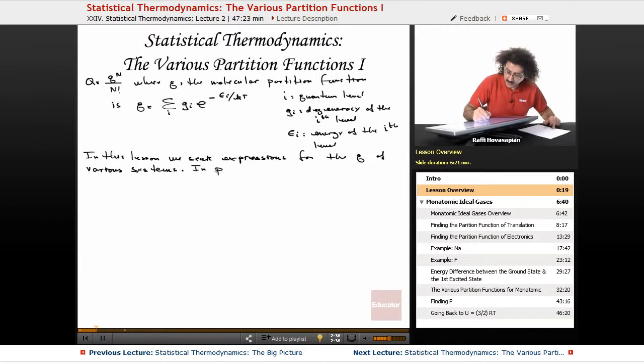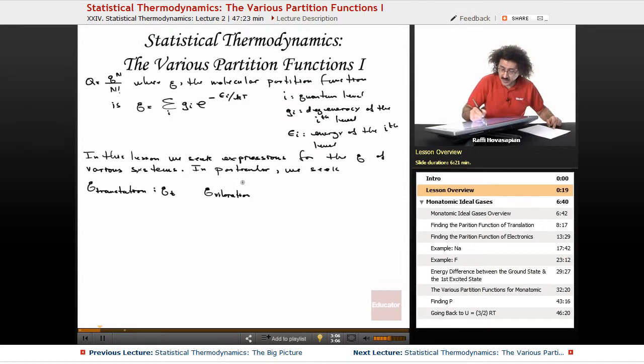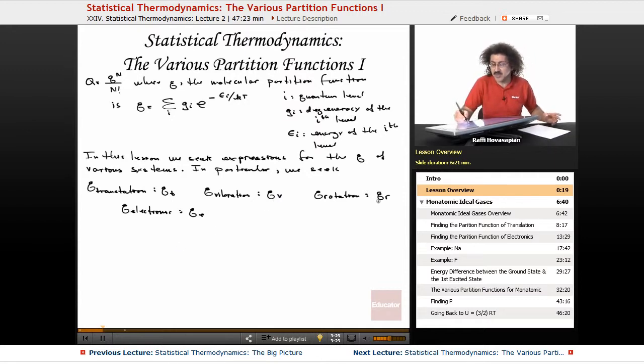In particular, we seek q of translation, symbolized as q sub T, the vibrational partition function, q sub V, the rotational partition function, q sub R, and the electronic partition function, q sub E. Occasionally we'll use q vib, q rot, things like that.